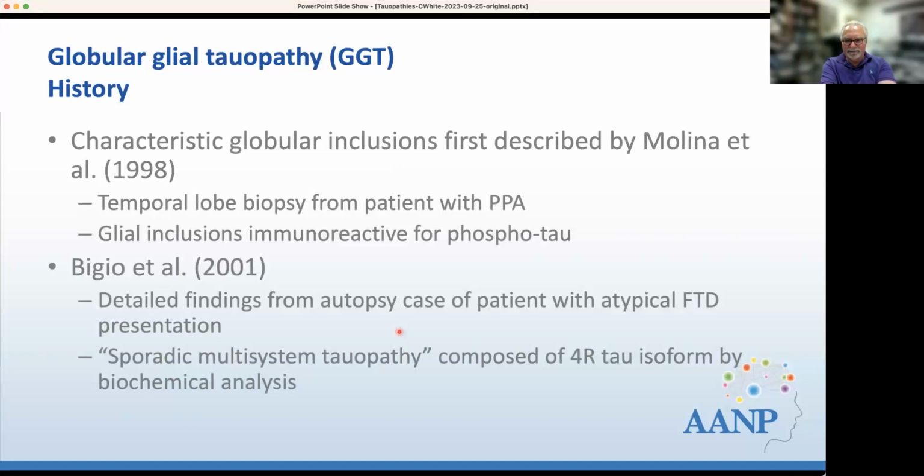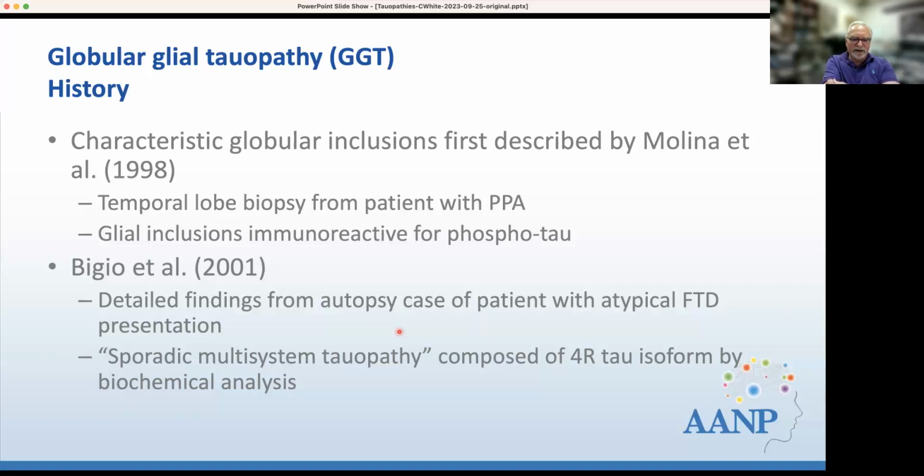Molina et al. described glial inclusions that were immunoreactive for phospho-tau and had a globular morphology. In 2001, Ellen Bigio et al. described detailed findings from an autopsy case of a patient with an atypical FTD presentation and glial inclusions that had a globular morphology, and they were composed only of 4R tau.